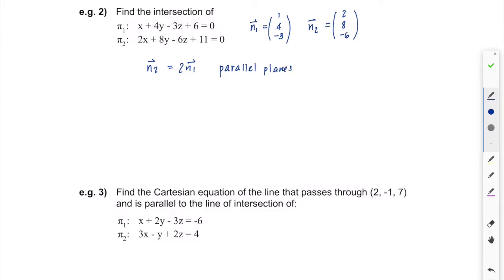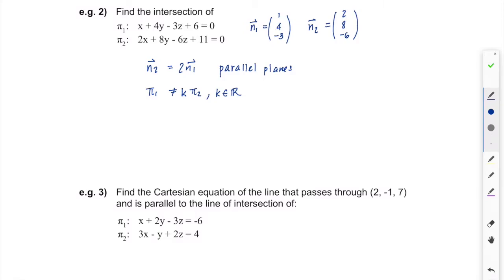If we have two parallel planes, the question is, are they coincidental? Let's see. Can I write pi 1 as a multiple of pi 2? Well, the constants 6 and 11 don't differ by the ratio of 2. So that means pi 1 cannot be written as a scalar multiple k of pi 2, for k belonging to the real numbers.